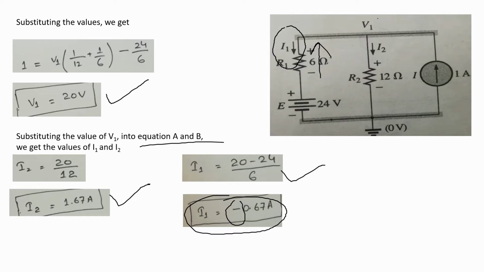The negative sign only indicates that the assumption is opposite, and this is our required result. We found the values of voltages and of I2 and I1 using nodal analysis.